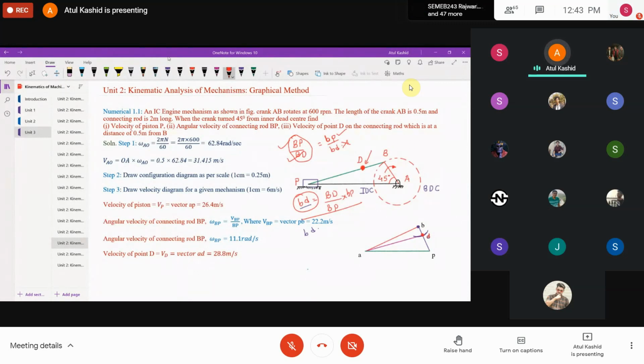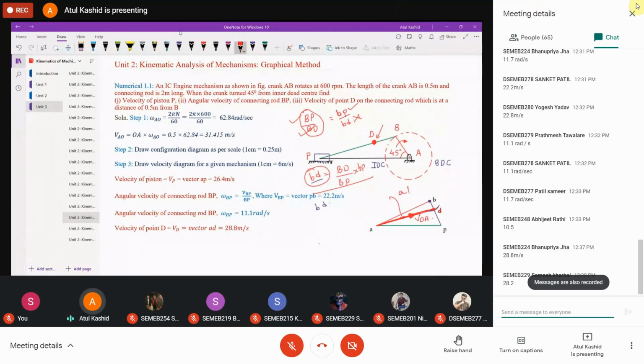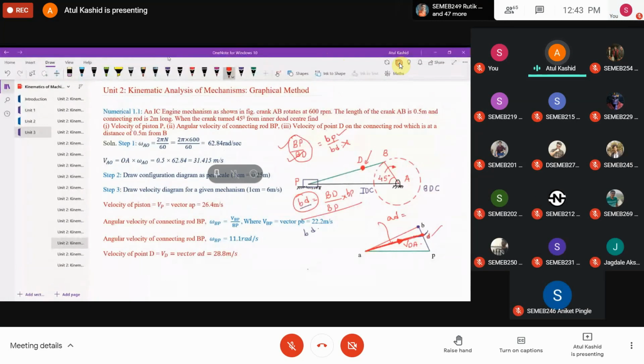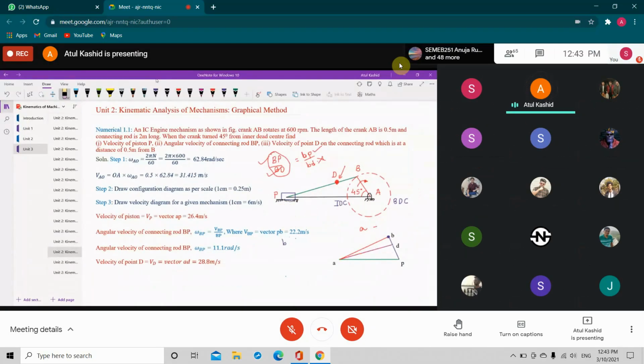Once you get the point d, the only thing you have to do is join the fixed point in the velocity diagram to that point d, and this will be your velocity vector, velocity of D with respect to A. If you measure this vector ad, you will get the velocity of point D. So you only have to construct that point d from the configuration diagram into the velocity diagram, join it with the fixed point, measure the vector and come to the conclusion. Hope that is clear.